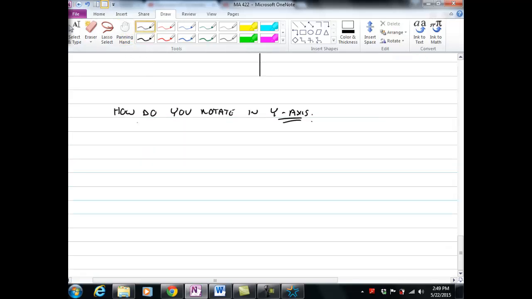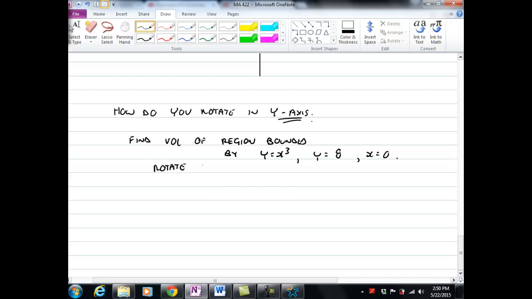Find the volume of region bounded by y equals x cubed, y equals 8, x equals 0, and you're going to rotate about the y-axis.